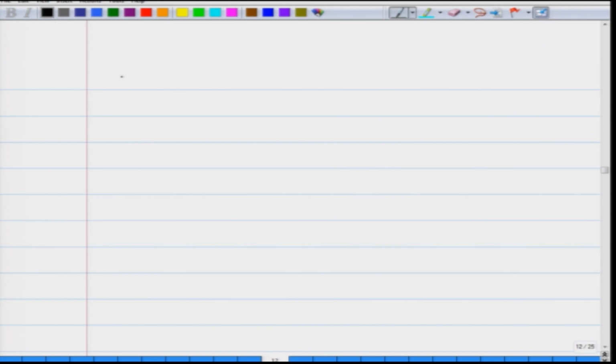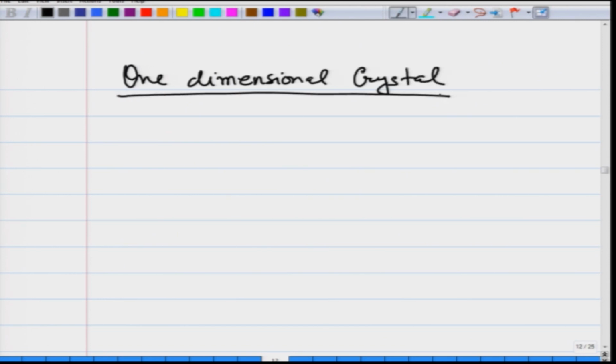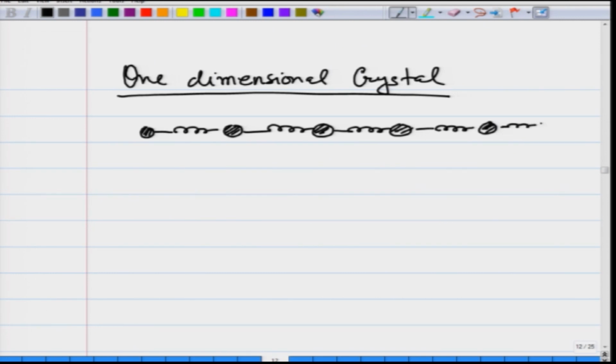So, let us assume a one dimensional crystal where I have these atoms arranged along, let us say, the x axis, connected by springs with some spring constant c.